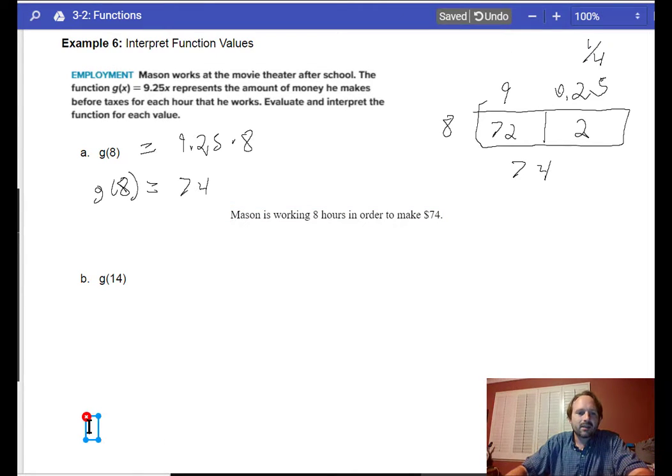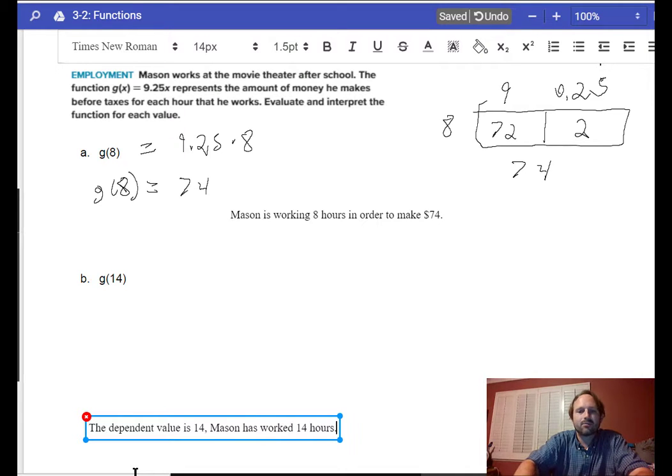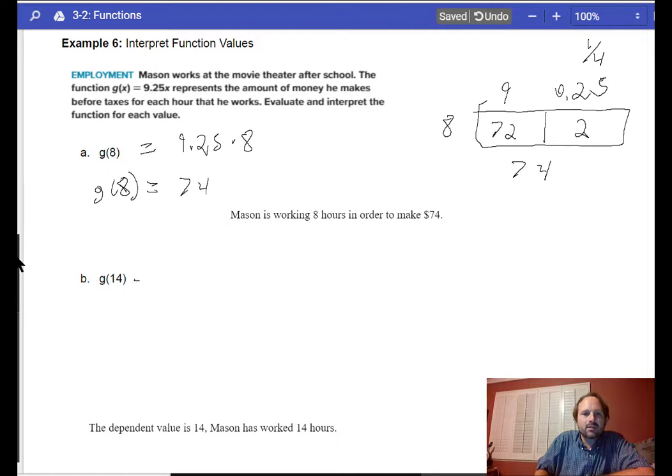Now at the moment, I can already say the input value is 14. Mason has worked 14 hours. Well, what did we get? This is equal to 9.25 times 14.